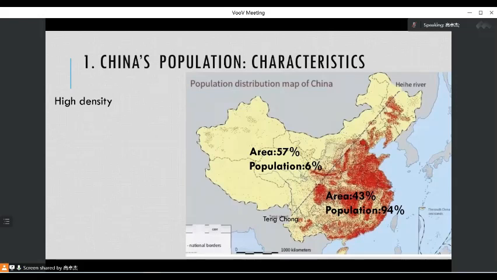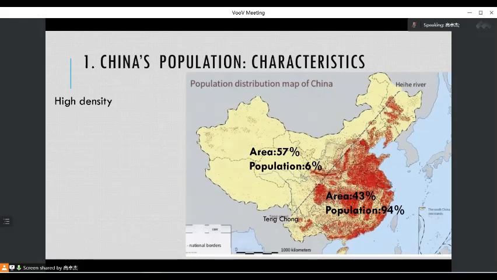And this is another city, Tengchong, located in Yunnan province. Yunnan is in the southwest of China.